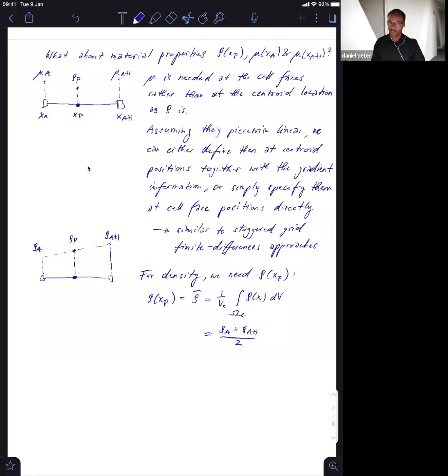That means we can define the shear moduli and the density all at the cell face positions. But then we actually use the interpolated value for the centroid position for density.